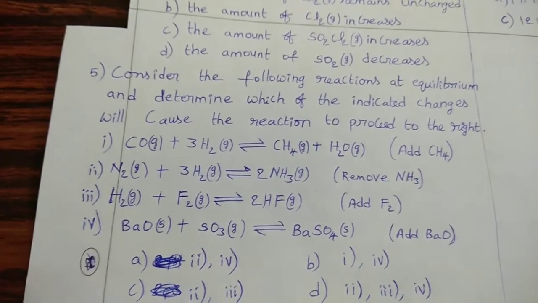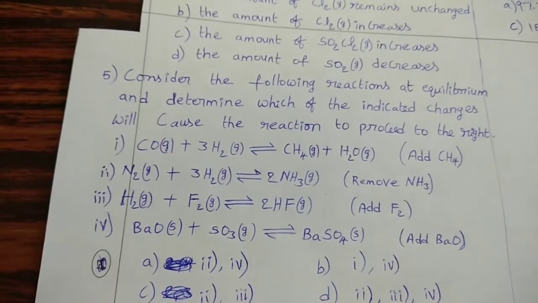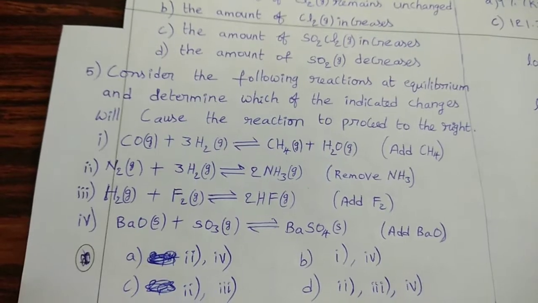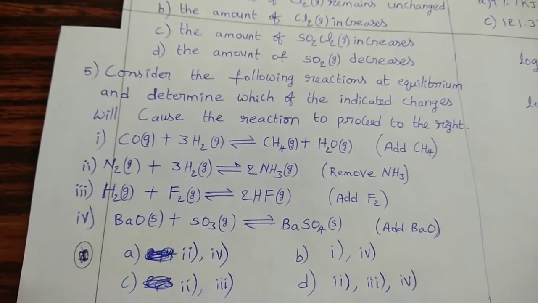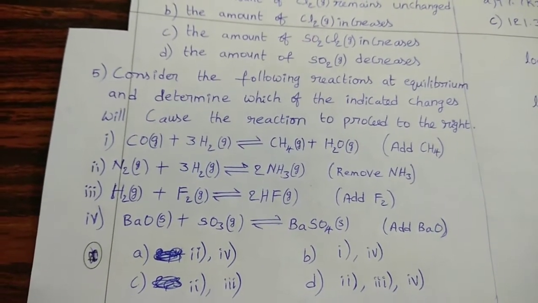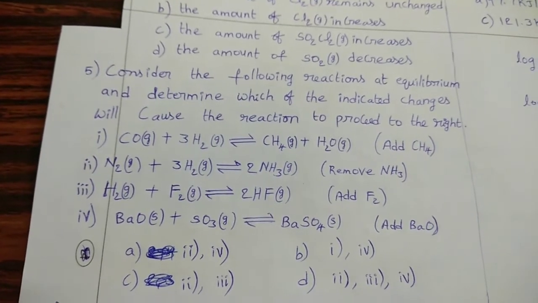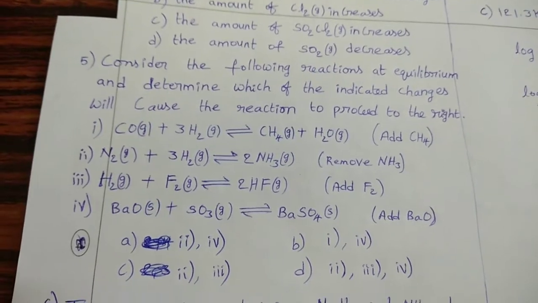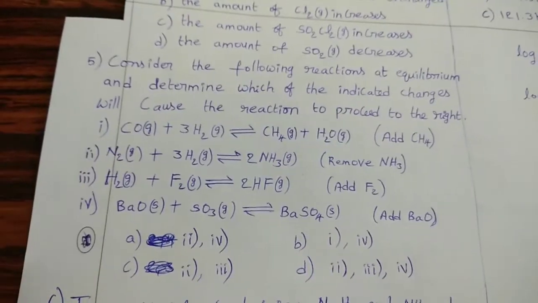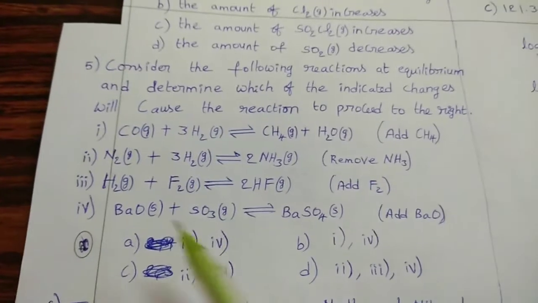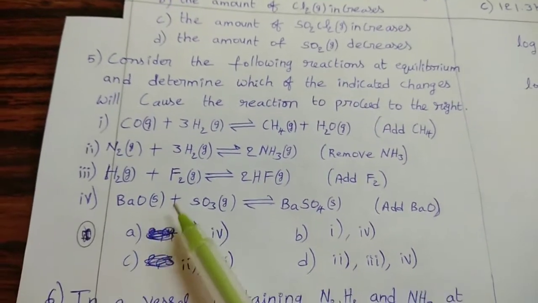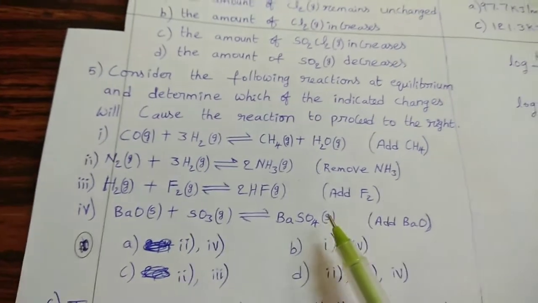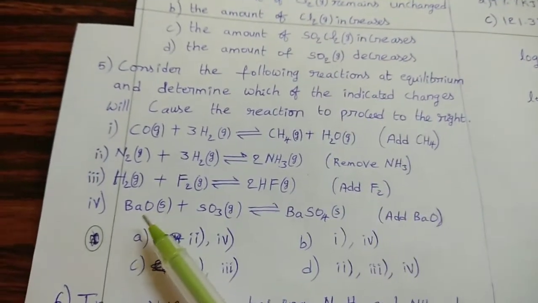Next, addition of F2. F2 is a reactant, more quantity of reactant is provided, so the reaction takes place in the forward direction. That means product formation towards the right. Next, adding BaO. Generally students may make a mistake here. Here also a reactant is being added, which suggests the reaction takes place towards the product side, but this is not correct because observe the physical state.